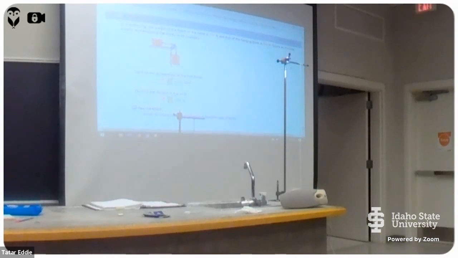Well, knowing this, the first question that they're asking is to find the acceleration of the two blocks. The two blocks are tied together, so whatever is the acceleration of the first, the same acceleration in magnitude is of the second. So to find the acceleration of the first, the normal force and the weight cancel out.